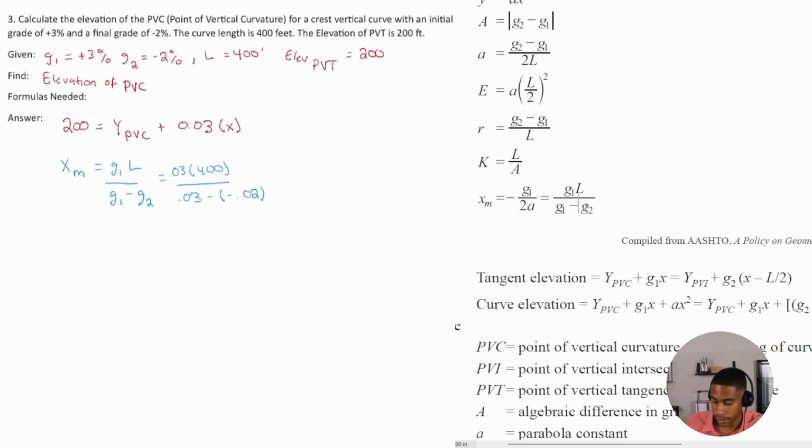Your signage is very important, so you keep everything. If it's a negative percentage, you leave it. You don't change your signage for this problem. So see what we get. You should get 240 for that.